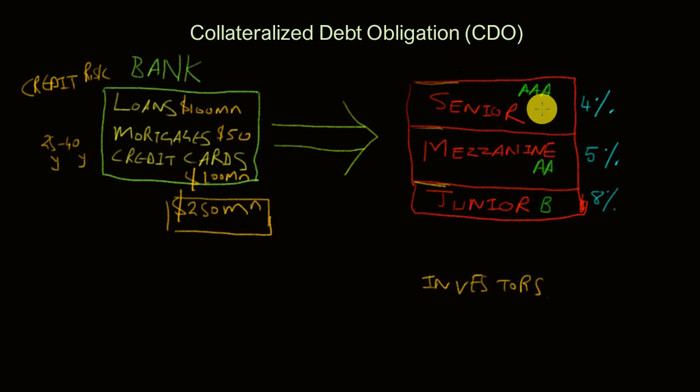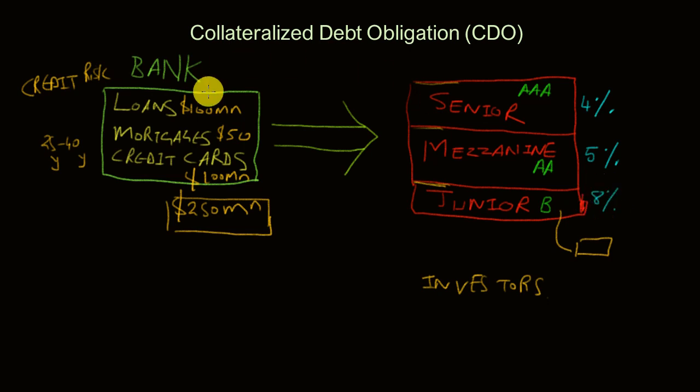So these credit ratings are normally provided by a credit rating agency. And then you can see there's a particular interest attached to each of these tranches. You can see the junior tranche has the highest risk because it has the lowest credit rating. So if you purchase a note from the junior tranche, the default risk is much higher compared to a senior tranche, and that's the reason you're compensated with a higher return.